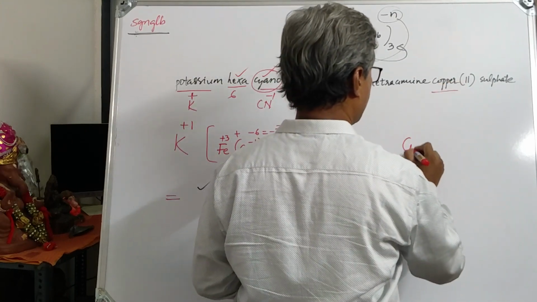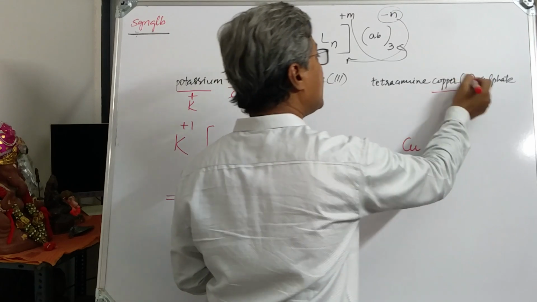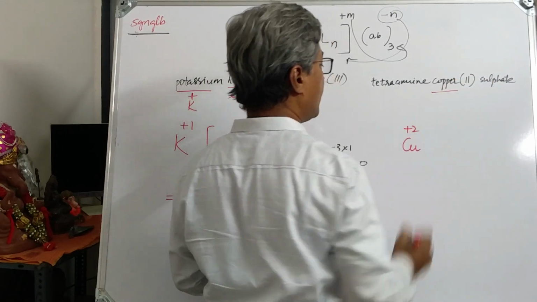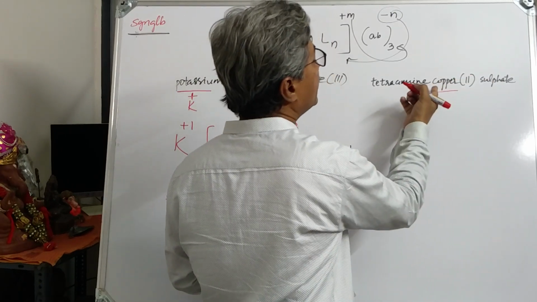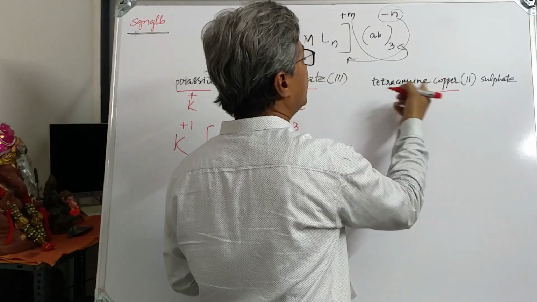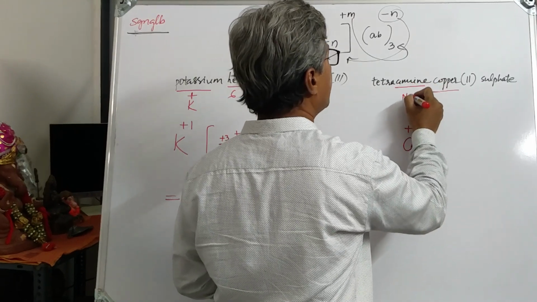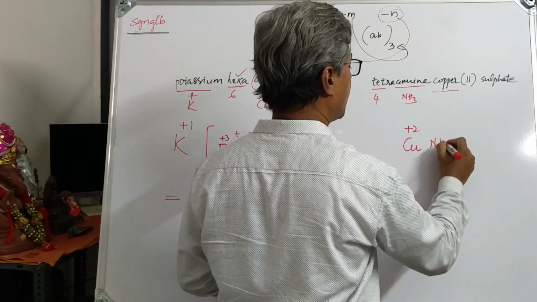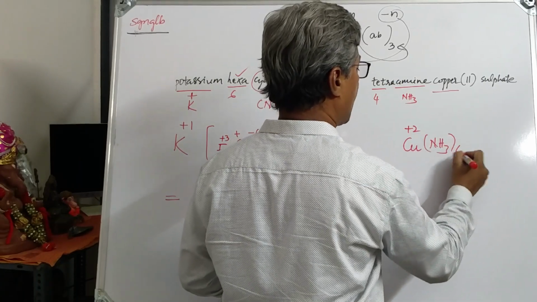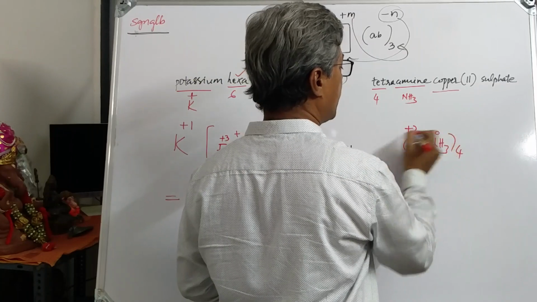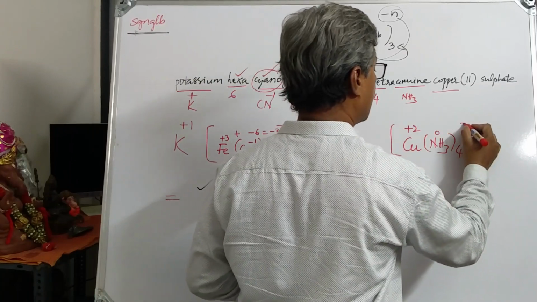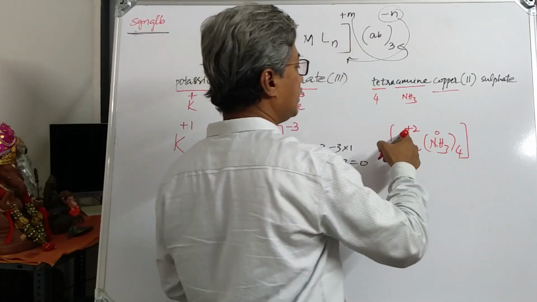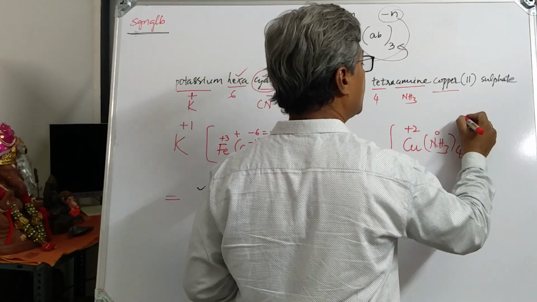Copper. Copper is in +2 oxidation state. Fine. What is the ligand? The name before the metal. This is the ligand, NH3. How many times? 4 times. That means NH3, 4 times. What is the charge on this? 0. That means the charge on this coordination polyhedra is the charge of the metal ion, which is +2.